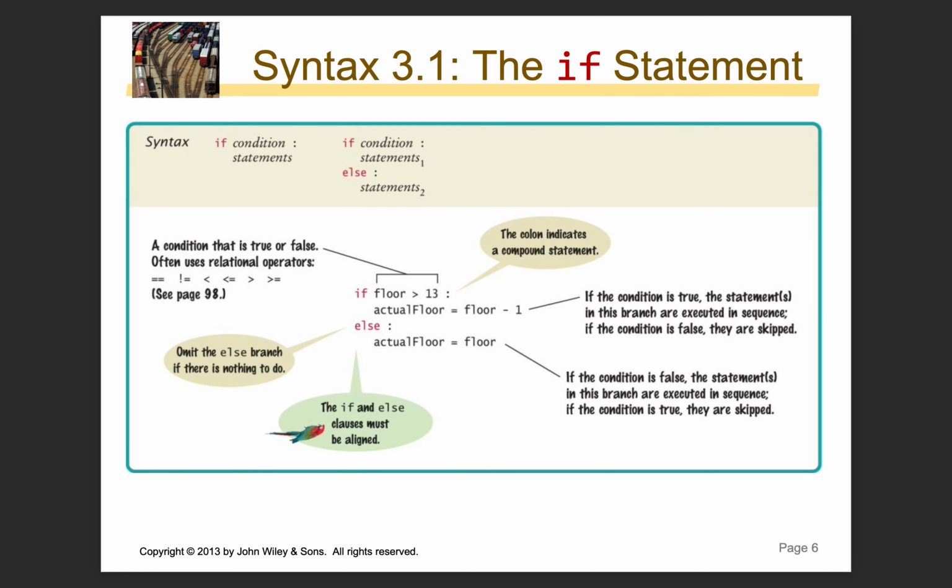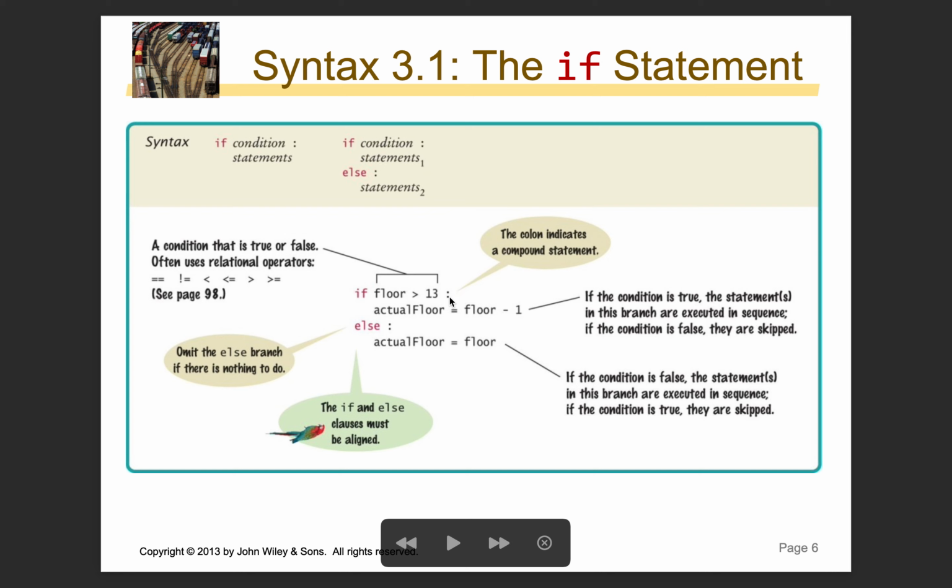So let's look at the syntax of the if statement and how we actually write them in Python. So we start off with our if, and then we have a condition. And that condition is either going to be true or false. Often it uses relational operators like comparison, checking if things are not equal to each other, less than or equal to, greater than or equal to.